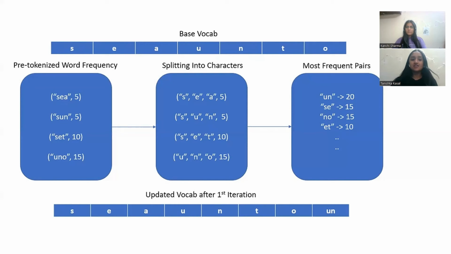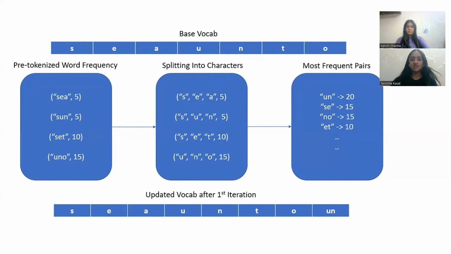Then SE comes again in set, whose frequency is 10, so 10 plus 5 is 15. This is how 15 came here. This is our basic vocabulary before the merging, and this is our updated vocabulary, which includes the merged pairs with the most frequency. That's how new tokens are created in byte pair encoding.